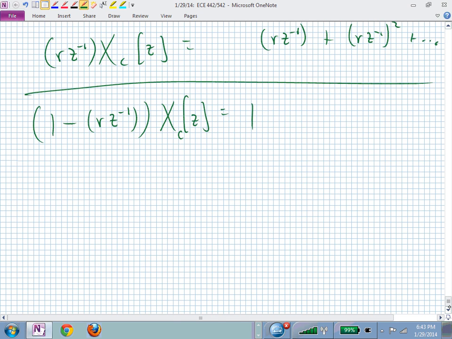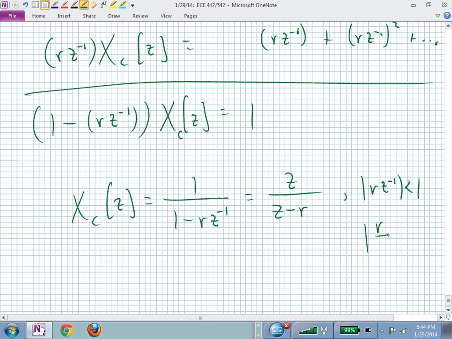Or the z transform of a discrete time exponential is 1 over 1 minus r z to the minus 1. And when is that true? That's true as long as the magnitude of r z to the minus 1 is less than 1.